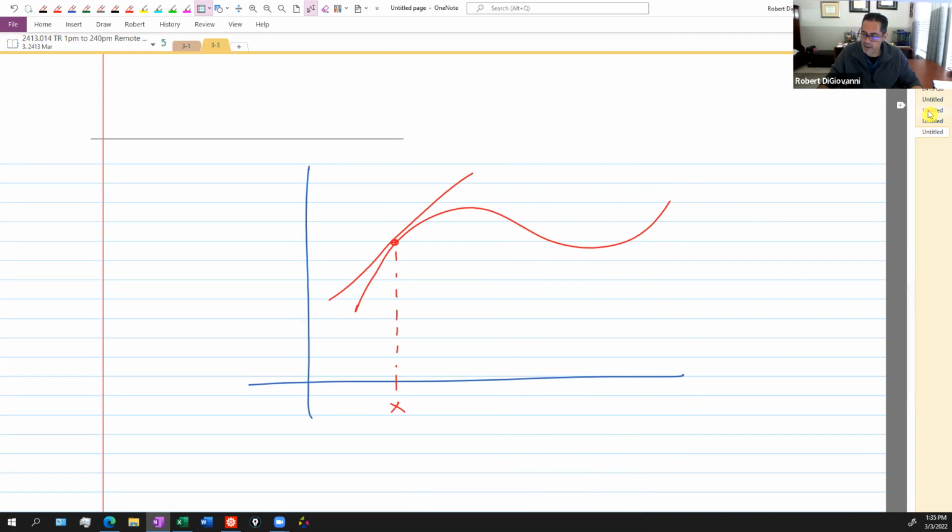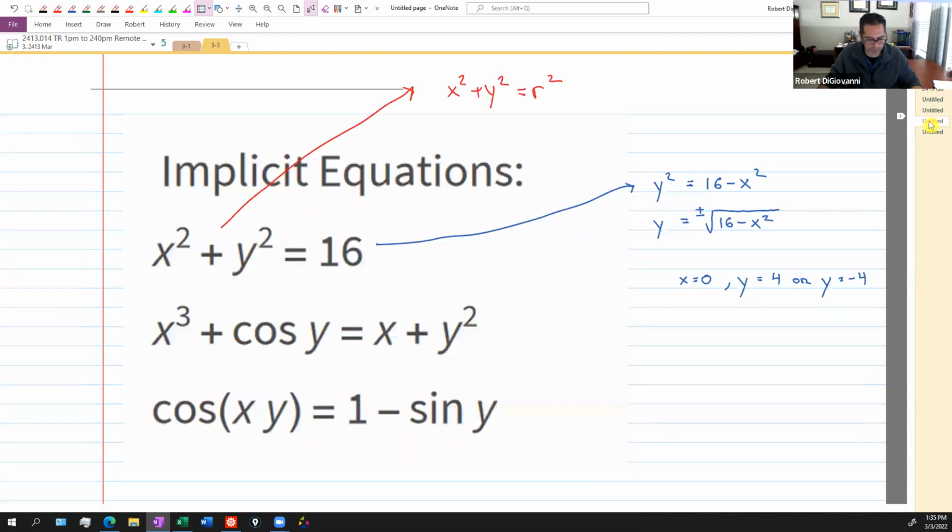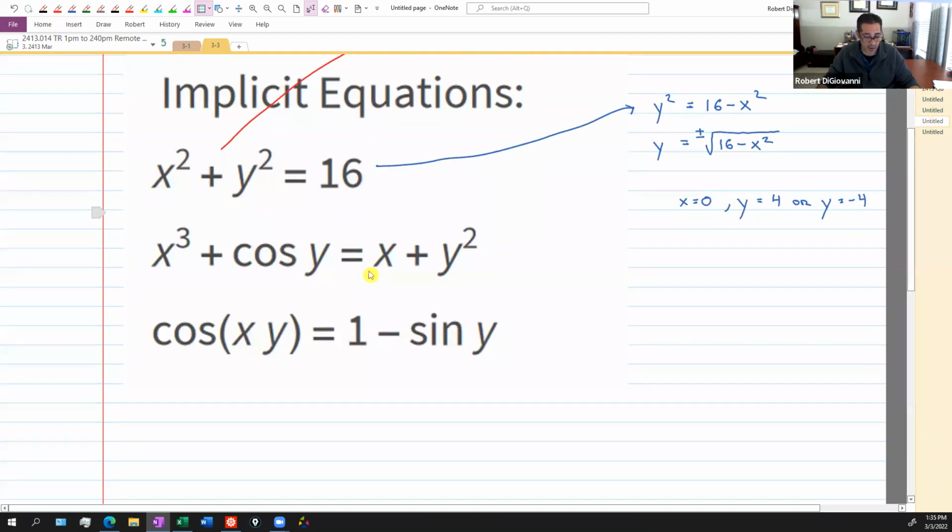Okay, let's look at the next one. Holy crap. You feel like solving that for y? It's not happening, okay? Same with this one. This equation right here, there's no algebra that you have learned. There's no algebra that I have learned. There's no way you can solve either one of those equations for y.